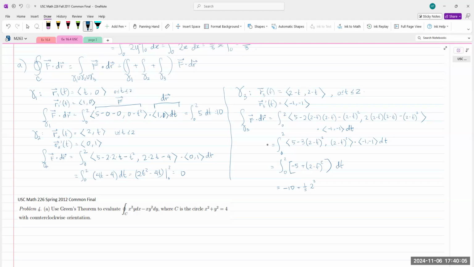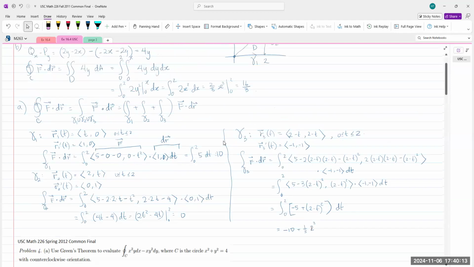Is it right? Yeah, 2 cubed, so 8/3. What do I get there? Am I missing something again? Oh, so frustrating.